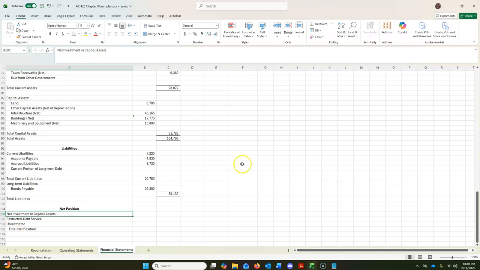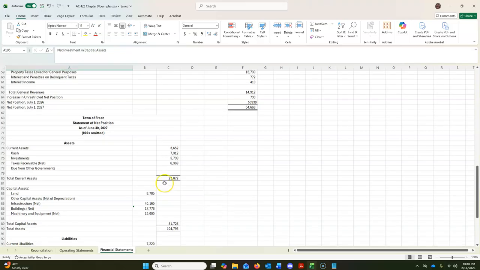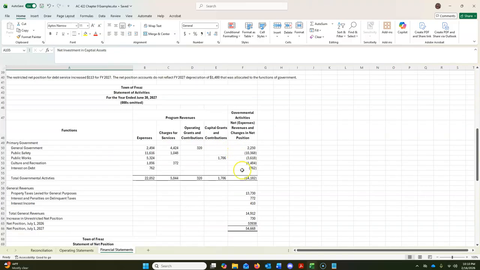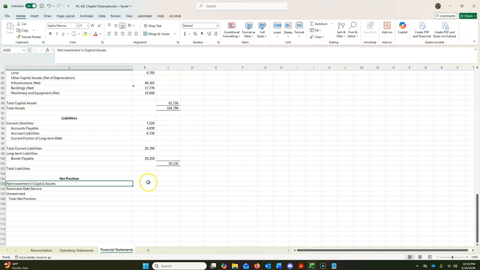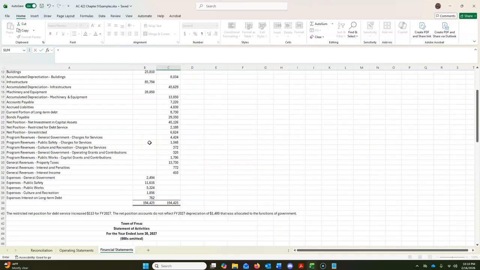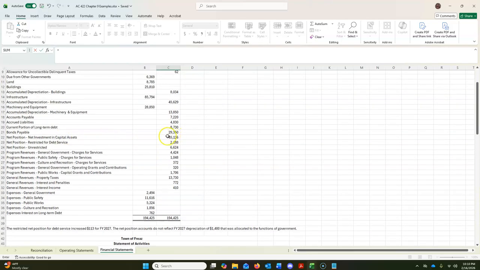So it gives me some information up here, and it says the net position accounts do not reflect depreciation. So when I bring that down, I need to make sure I subtract that depreciation amount. So I'm going to look at my net investment in capital assets, this $45,126.